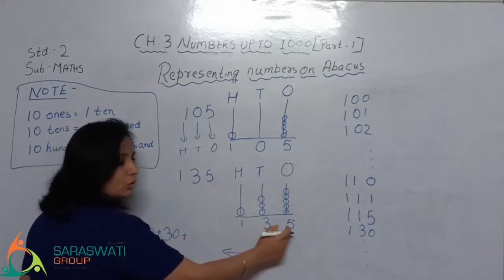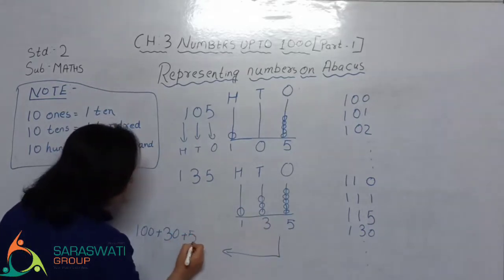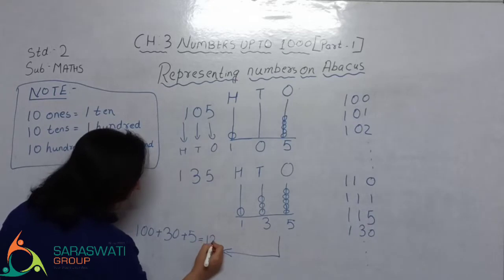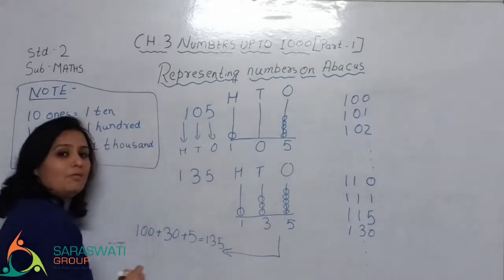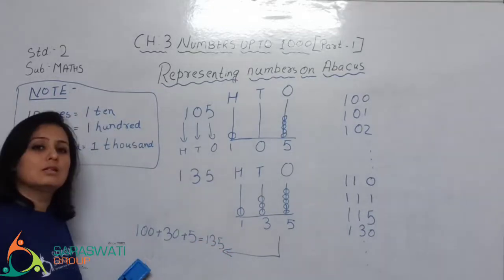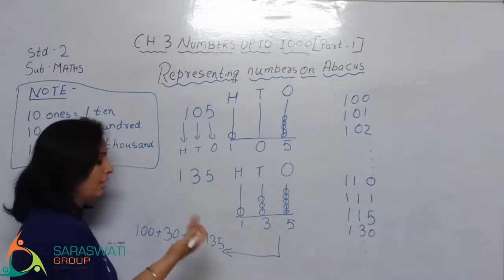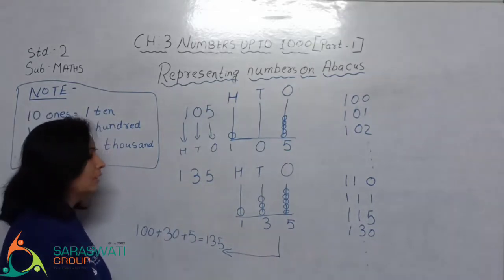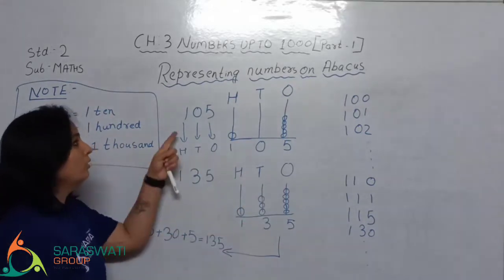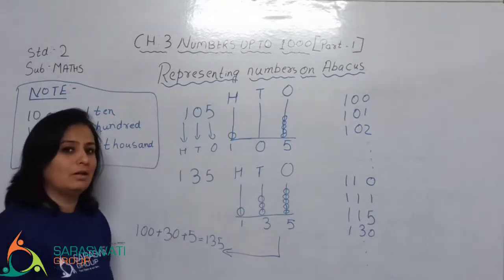Plus 5 ones, so 5, is equal to 135, right? This is the expanded form. This we'll learn in detail in further lecture. Okay. So this is about 105 and 135.